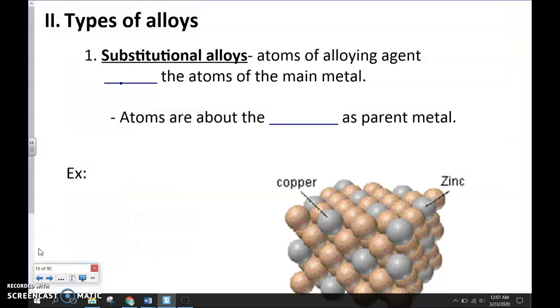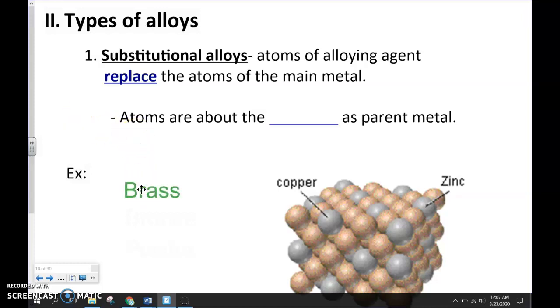Now this goes back to our metal crystals and our understanding of defects that were talked about before. We know that substitutional means that one agent, that alloying agent, is going to replace an atom in the main element.